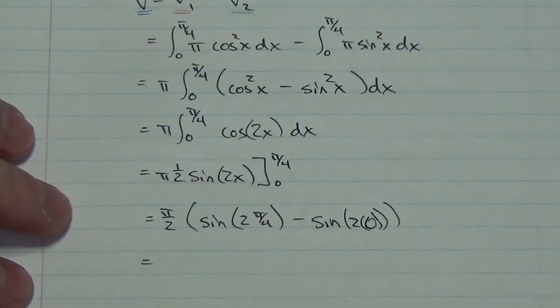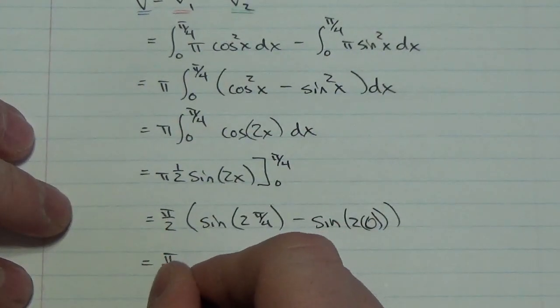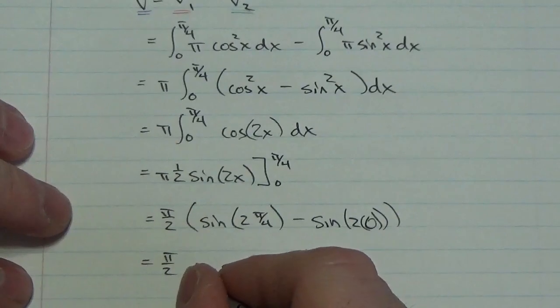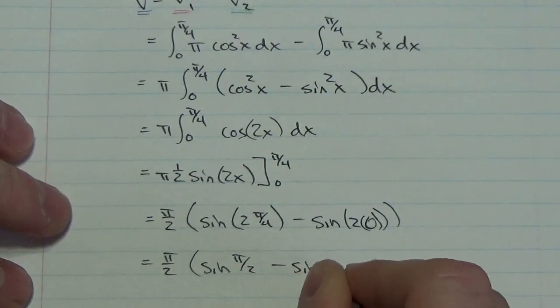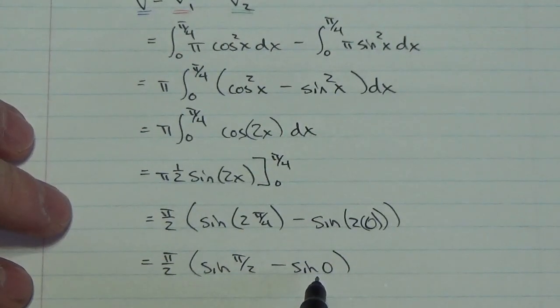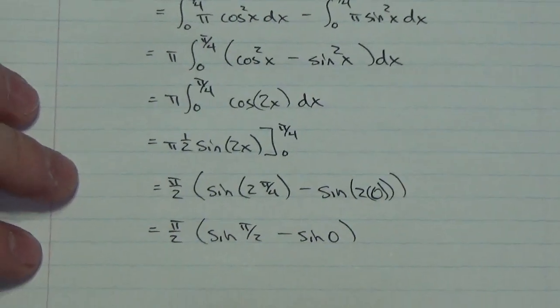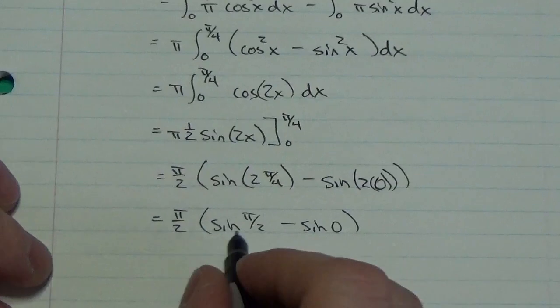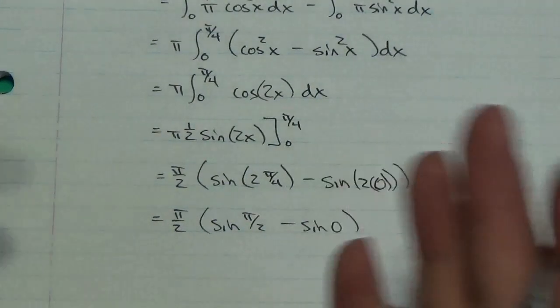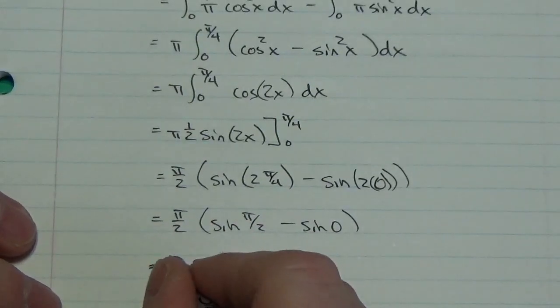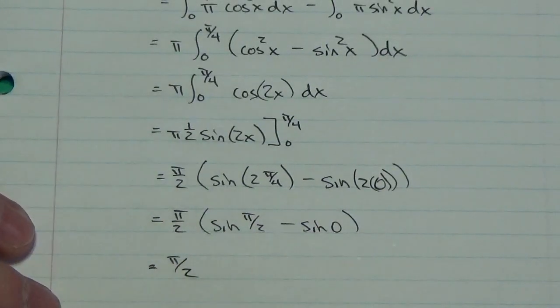Okay, so pi over 2 multiplied by the sine of pi over 2 minus the sine of 0. Well, the sine of 0 is 0. The sine of pi over 2 is 1, so the whole bit inside brackets there just collapses to 1. Multiplied by pi over 2 is just pi over 2.